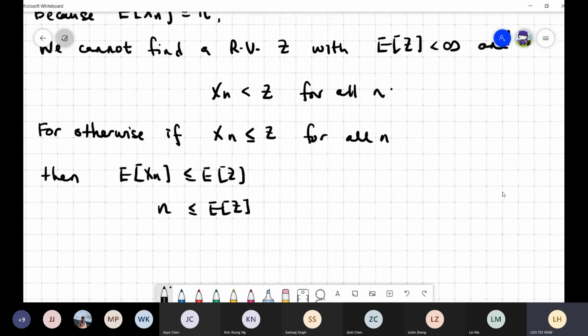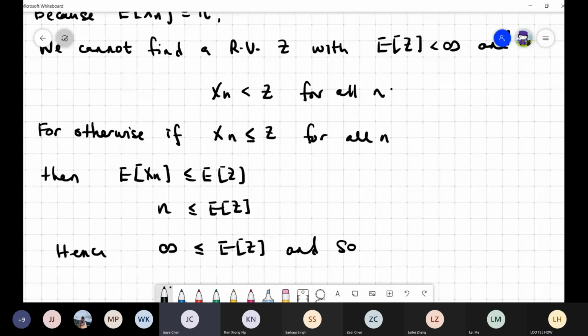So that means we must have this greater or equals to infinity. So hence we can say that E of z cannot be equal to infinity. So that means this one cannot hold.